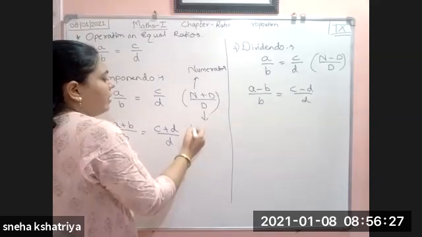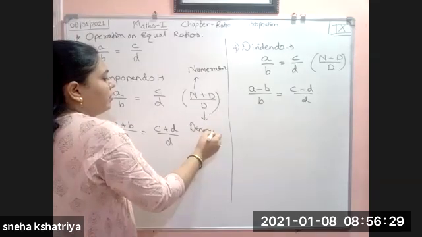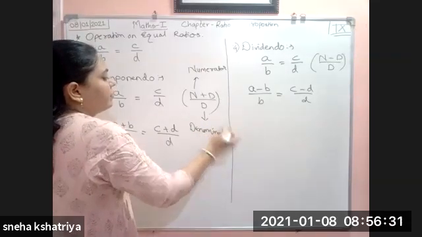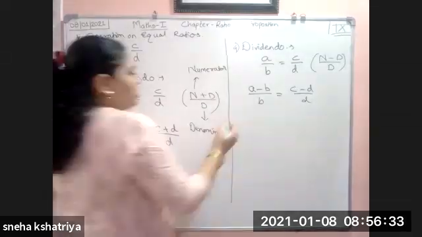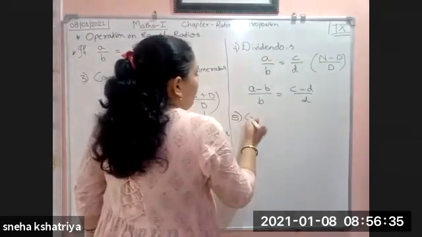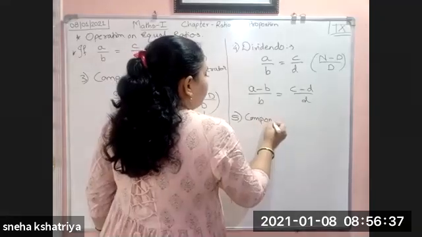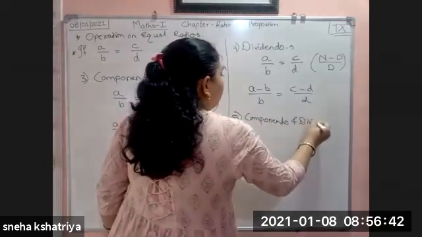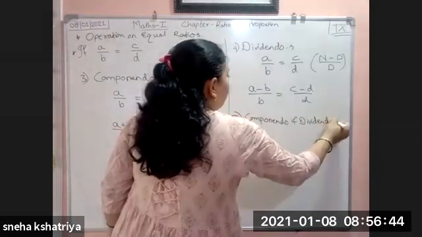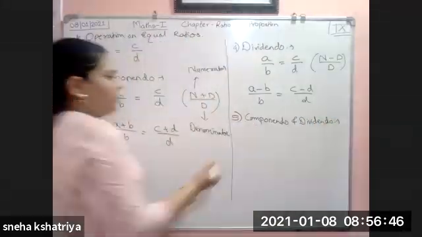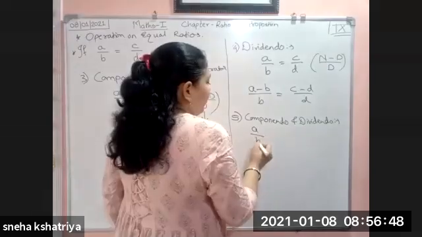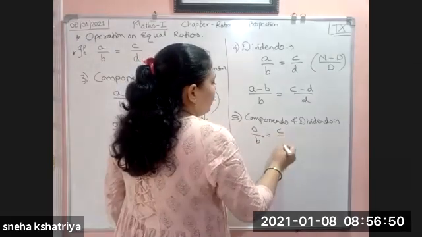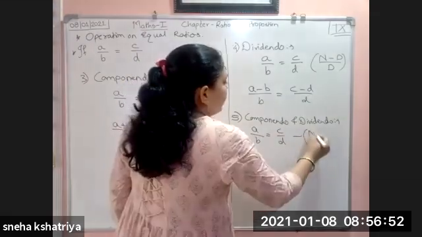Numerator and denominator. Okay, and the last operation is componendo and dividendo. Componendo and dividendo means, if such a ratio is given that A upon B is equal to C upon D, then what can we do?